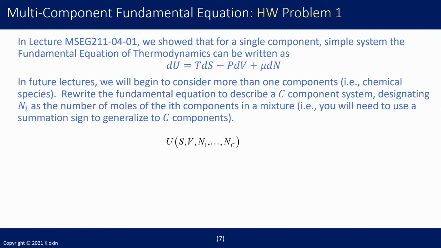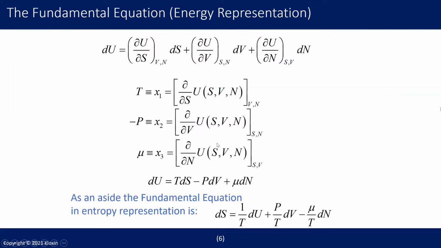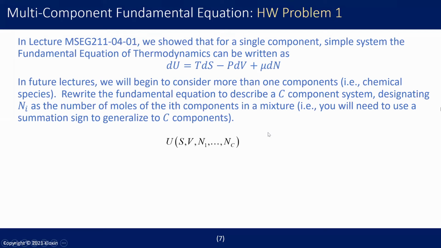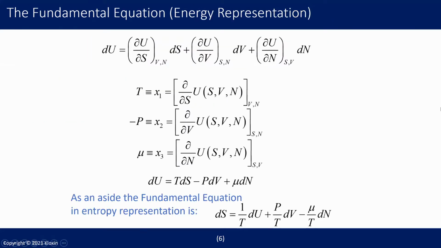See if you can write this form here, expanding essentially the total derivative, but try to write it in this generalized form where you can have C number of components, where C is an arbitrary number of components. So for ethanol and water, C would be 2.